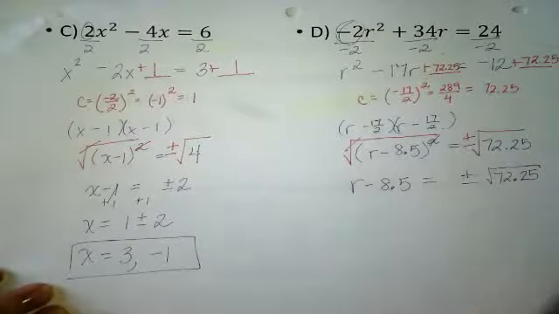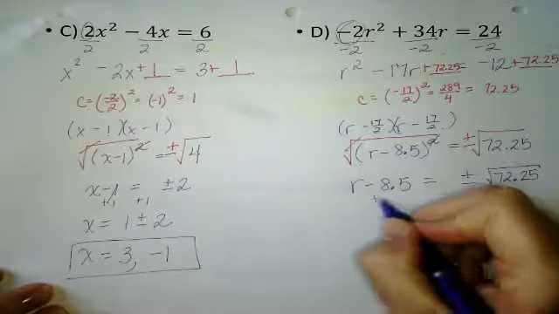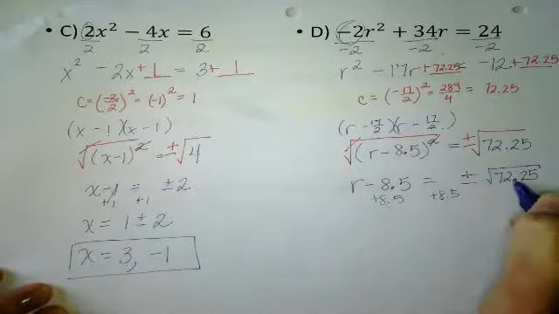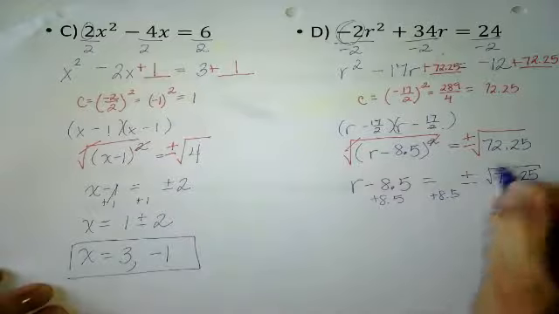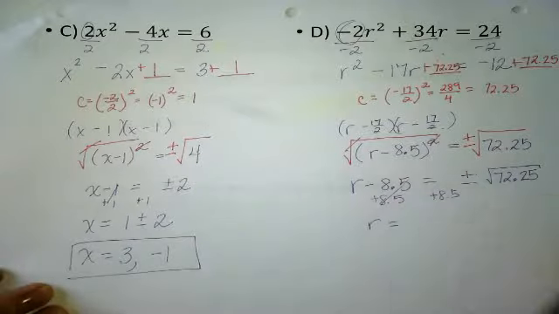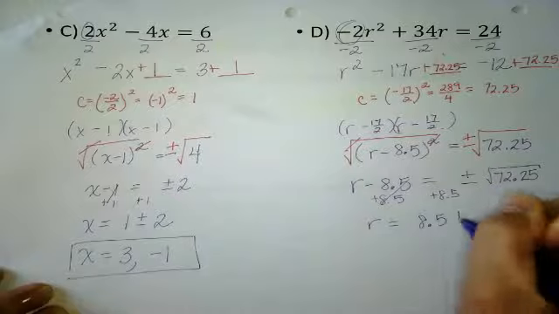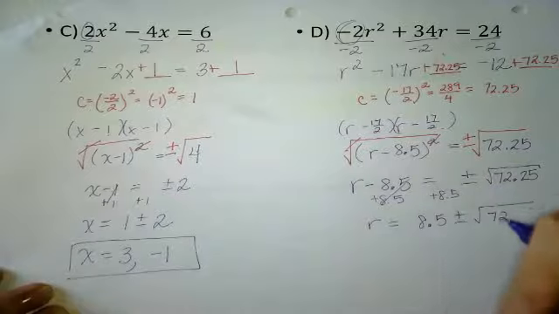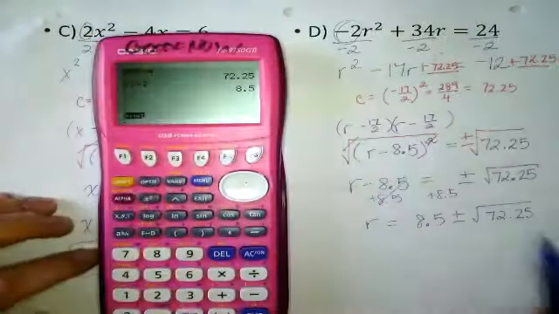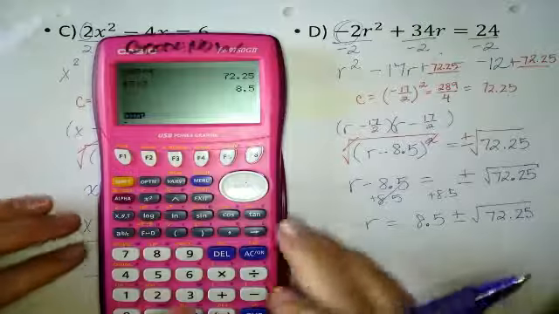And I'm going to go ahead and move my 8.5 to the other side. I'm going to insert it. Again, it doesn't combine with the 72.25 because this number is under a radical and this one is not. So they don't get put together. So we have 8.5 plus or minus the square root of 72.25. And this is something I have to do in my calculator because I don't know the square root of 72.25.